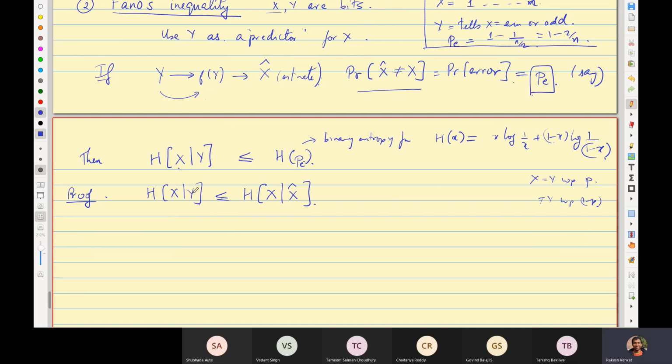This is because X hat is a function of Y, and whatever information Y is helping you with, if you reduce it down into a function of that, then the function of Y can only reduce the uncertainty less.